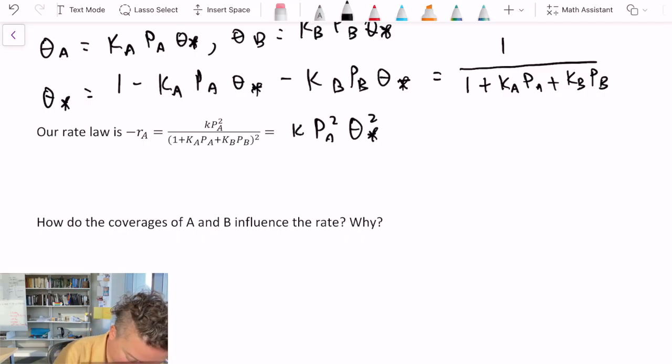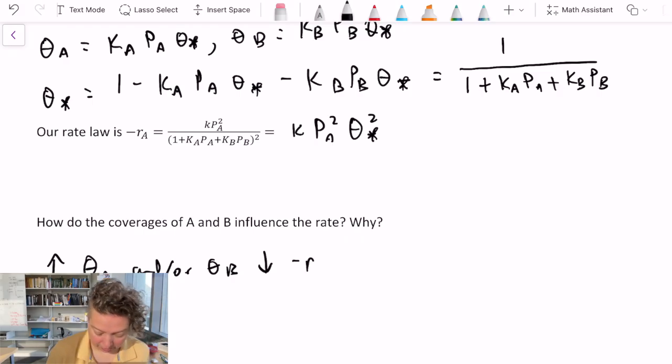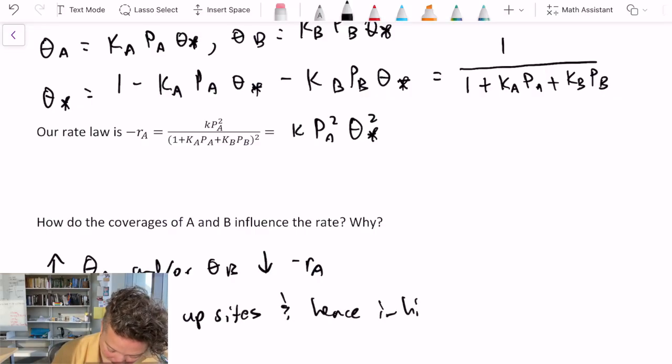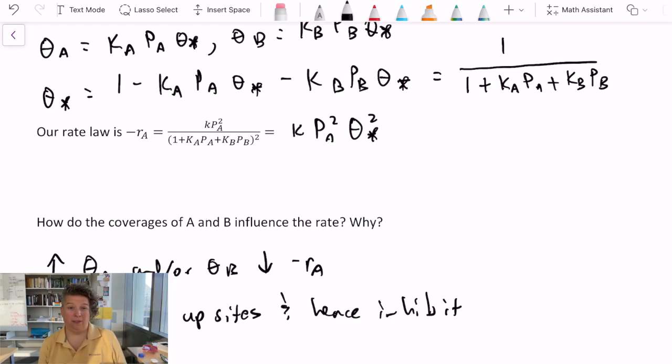So we'll say theta_A and/or theta_B go up, negative r_A goes down. And the reason for that is because A and B take up sites and hence inhibit the reaction. The more sites there are, the faster the reaction will go.